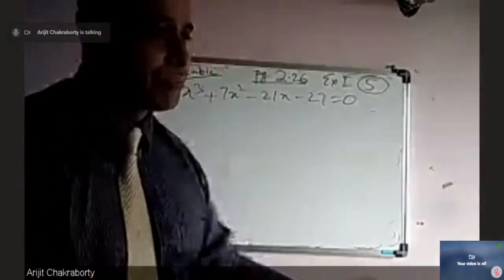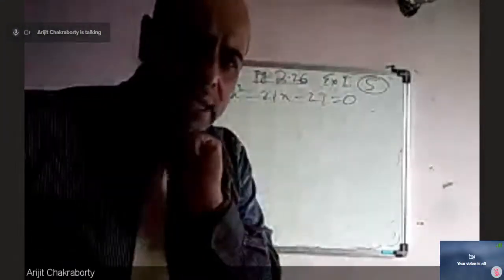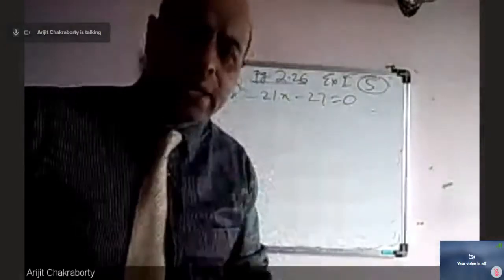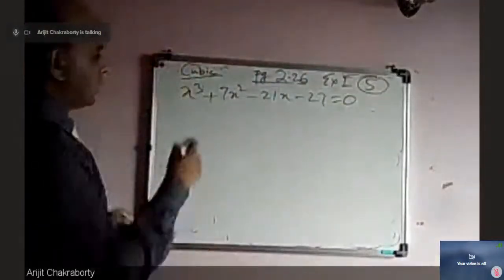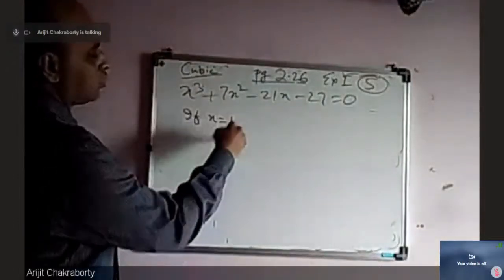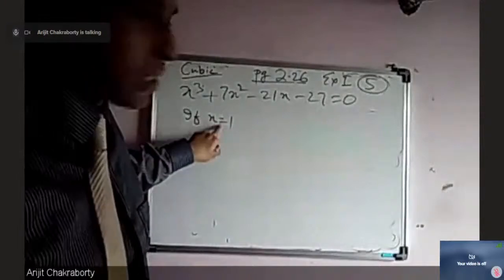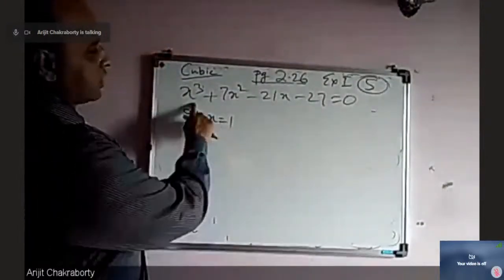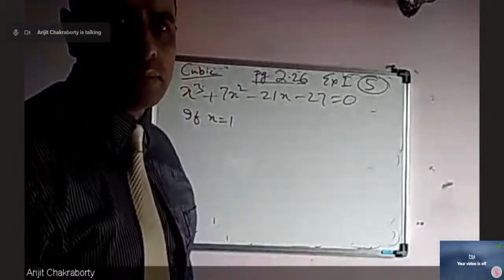In this type of example, you have to first use trial and error. How to do trial and error? First you see if x is equal to 1. Put the value x equal to 1 here and see whether it becomes 0.